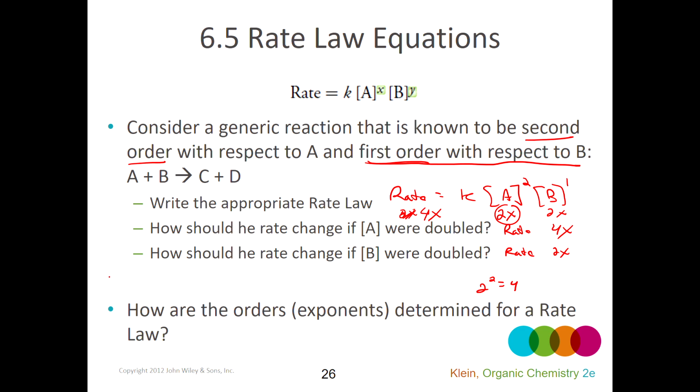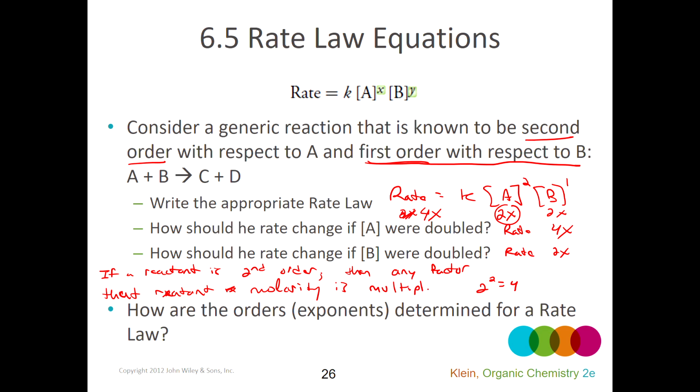And more generally, we can say if a reactant is second order, meaning its exponent is a 2, then any factor that reactant molarity is multiplied by, the rate will be multiplied by that factor squared.